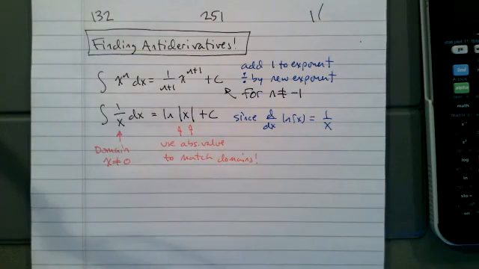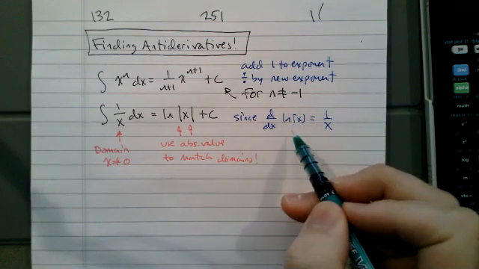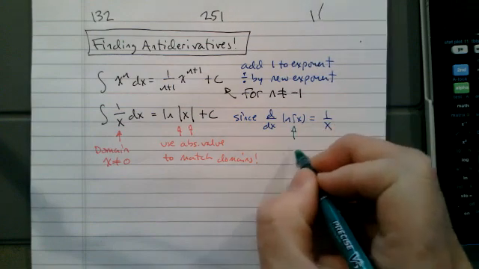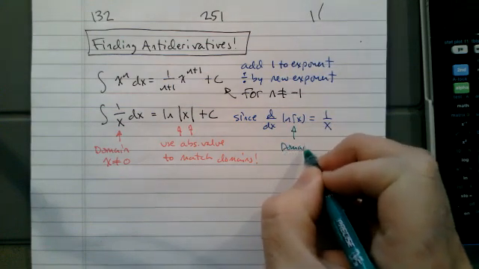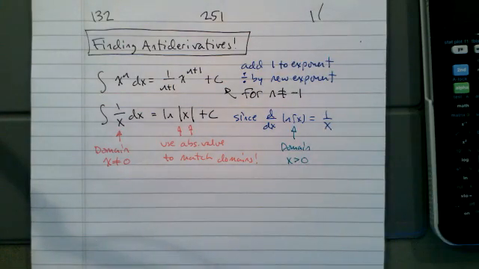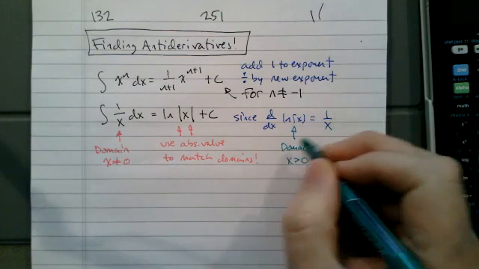It wasn't a concern when we had the derivative of natural log of x, because we were starting with the natural log of x, where the domain is x strictly greater than 0. And so the derivative is going to be 1 over x, and we're only worried about where x is greater than 0. So the domain here is not more restrictive than the domain we started with.